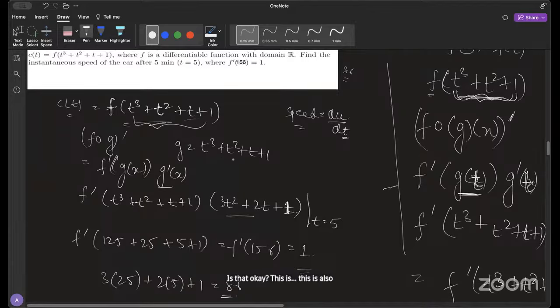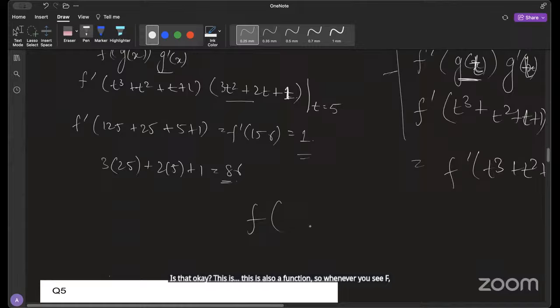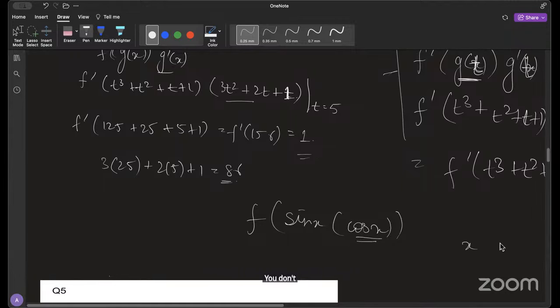This is also a function. So whenever you see f and you don't see x, instead you see some other function, let's say h, or sine x, or cos x, that means unless your argument is x, you don't stop differentiating. You keep differentiating.